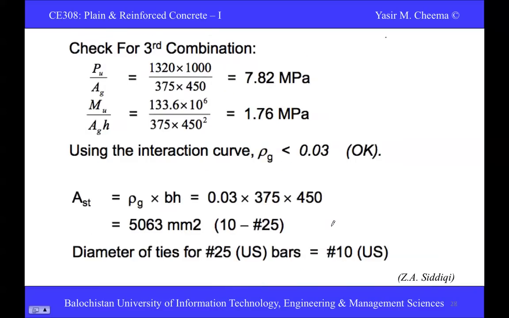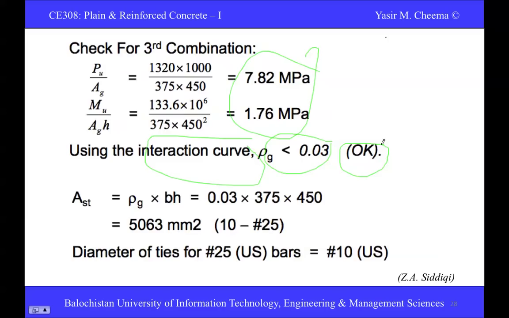Similarly, we will check the third combination, and the interaction curve also states that the value of steel ratio required for this also lies below the 3%. So this is also okay. So all three combinations satisfy the maximum value of steel as 3%.